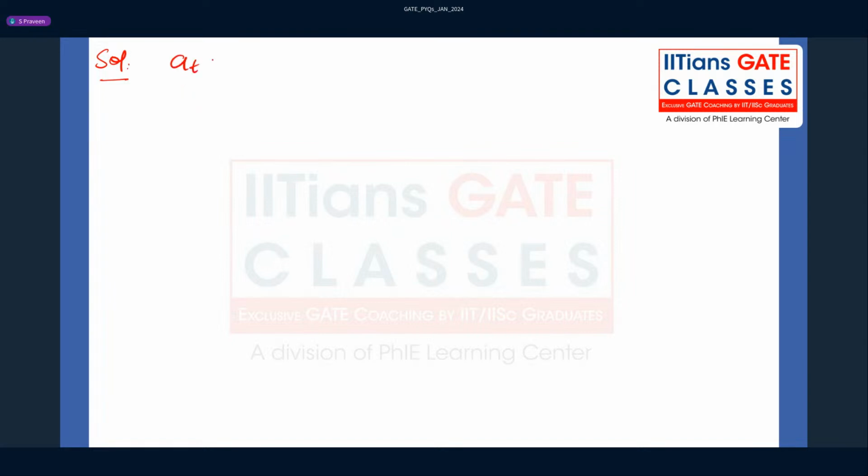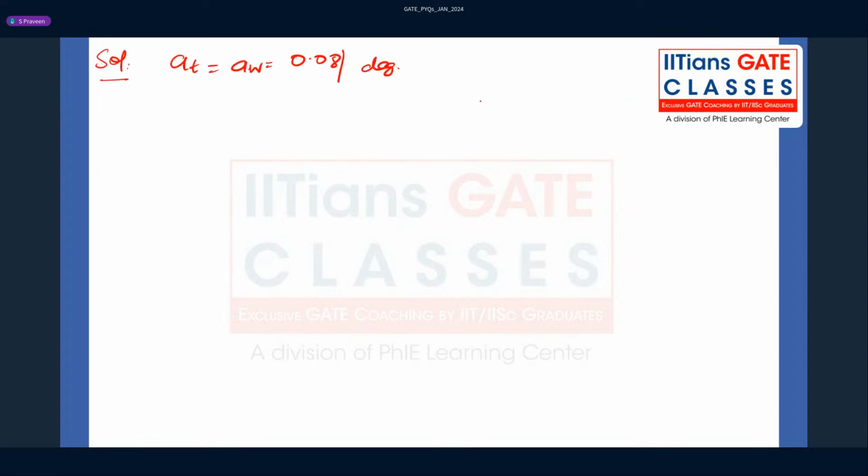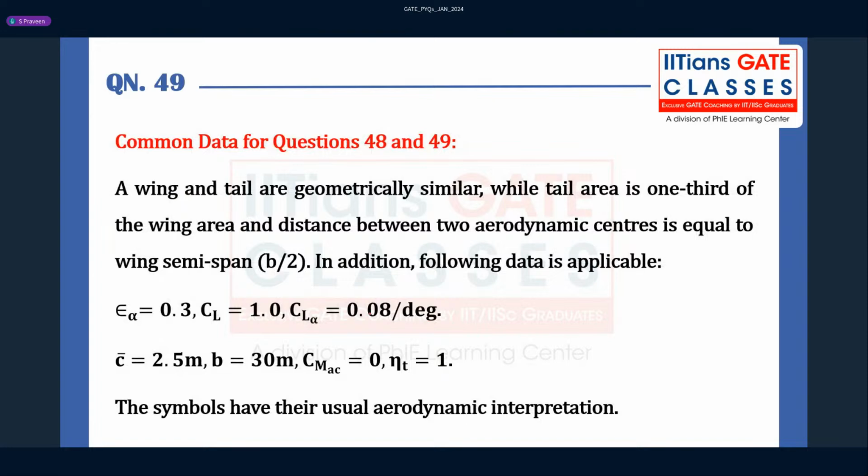First, let's write down the AT. AT is equal to AW, which is 0.08 per degree, right? Which is given in the question. And what else is given? The angle of incidence of tail to trim the wing tail combination for 5% static margin. Okay, so let's write down the static margin as 5%. We'll come back to that. And the CL is 1, right?